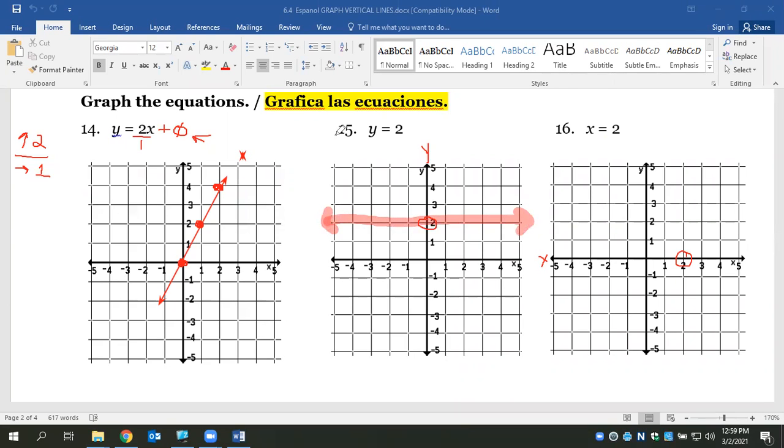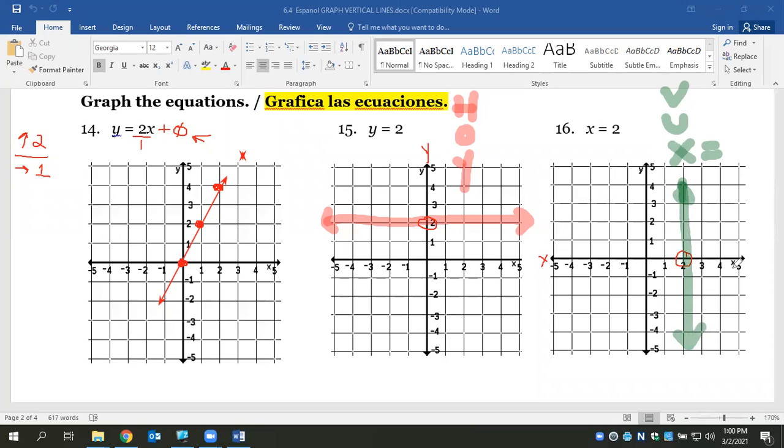Remember, because HOY, H-O-Y, is just y equals, that means HOY. This one says x equals 2. Now, let's keep that in mind. VUX. If all you see is x equals, then all I need to do is go here and draw my line.